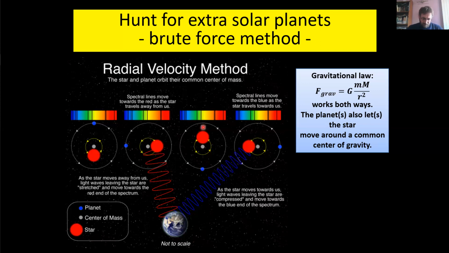Then when it's furthest away from us, there is no velocity component towards us, since the velocity is always perpendicular to the line of sight there. So the light will come unshifted.